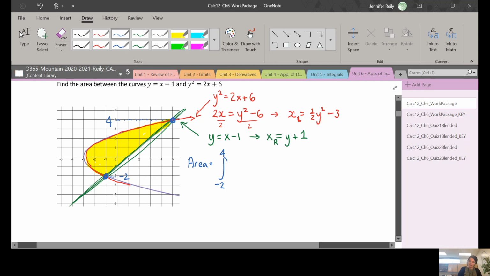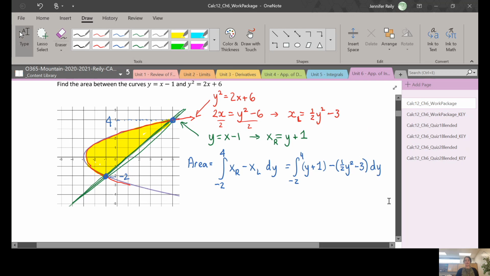Okay, and I'm going to integrate the right function minus the left function. I'm going to go from -2 to 4. So the right function is y plus 1. And the left function is 1/2 y squared minus 3. So this is where brackets are important to keep track of our negative signs properly.